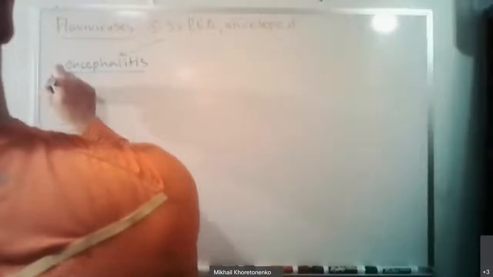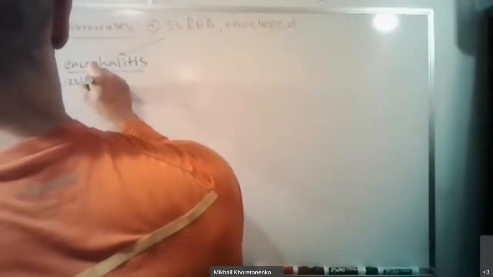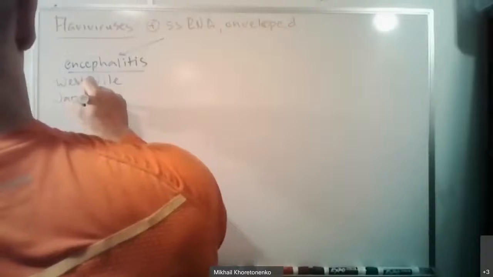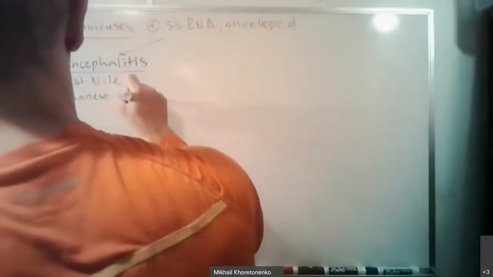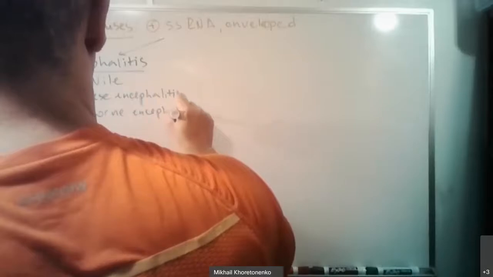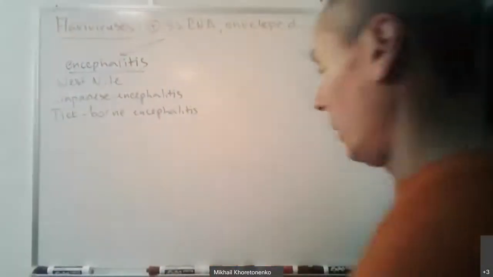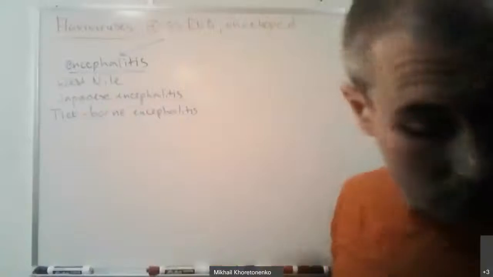And these include West Nile virus, Japanese encephalitis virus, tick-borne encephalitis virus. Okay. Second group are hemorrhagic fevers.